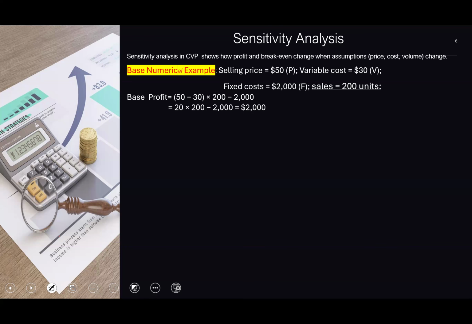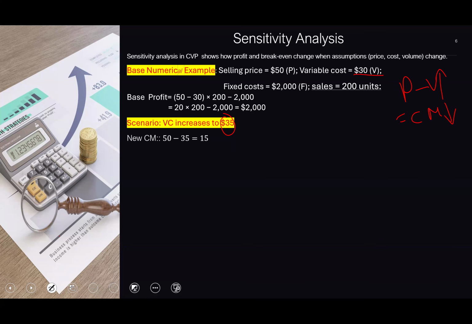Now we say, suppose everything else remains the same, but my variable cost has gone up from $30 per unit to 35 per unit. Can you recalculate the profit? At the very outset, you should be able to argue that because my contribution margin is P minus V, if my variable cost goes up, my contribution margin per unit will come down, right?